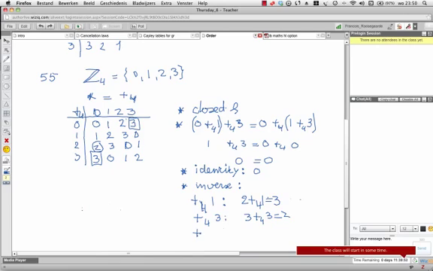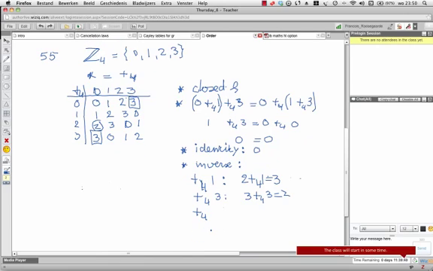And the operations plus 4 0 and plus 4 2 are an inverse in themselves. So we can say that this Z4 with plus 4 is indeed a group.